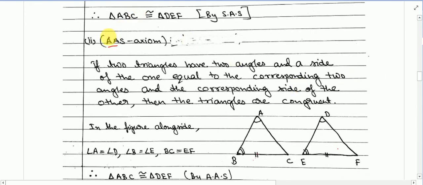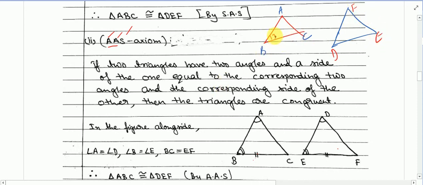Second, angle side angle, AAS. Let's say I have triangle ABC and here I have another one, DEF.